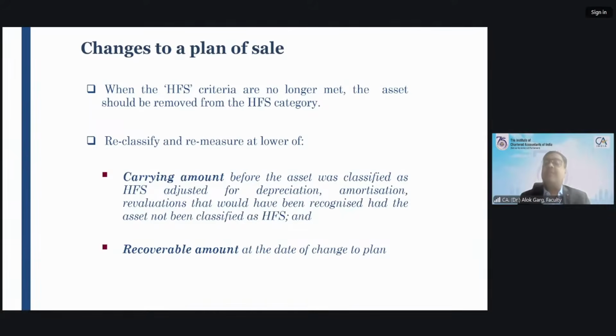When it became held for sale, at the date of classification we computed the carrying amount as per the respective standard, then found the fair value less cost to sell, and whichever is lower, we recognized as the held for sale value. But now what happens when it goes back to Ind AS 16 PPE? Friends, just allow me a second.